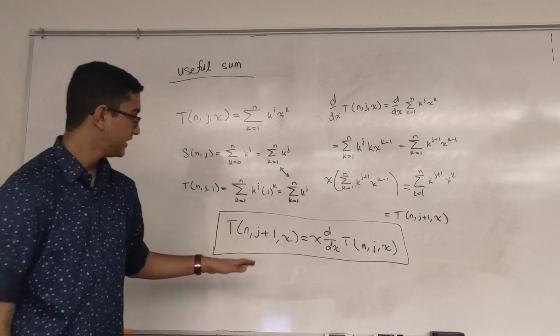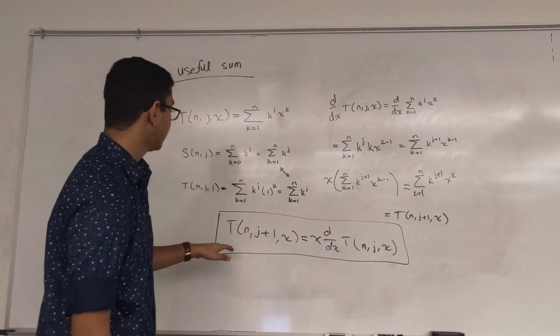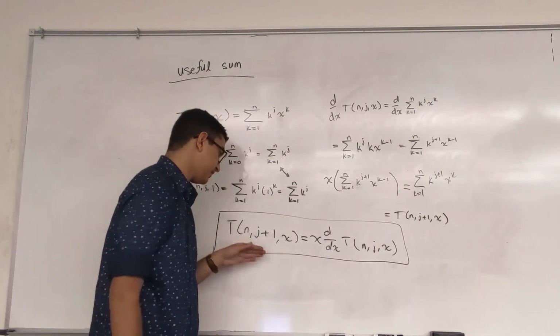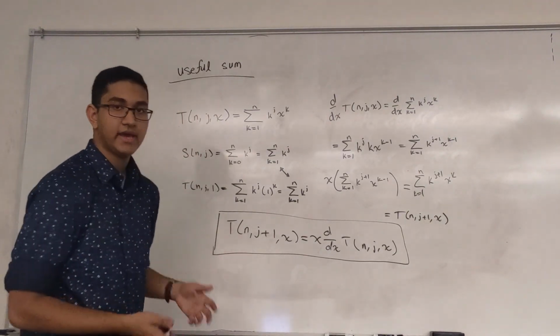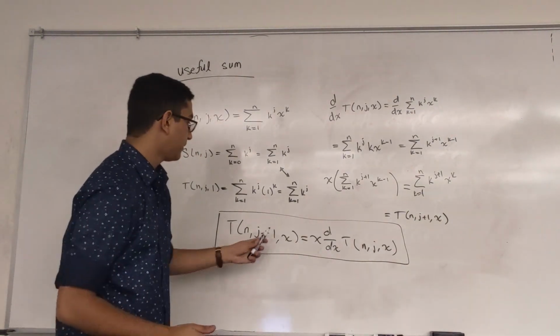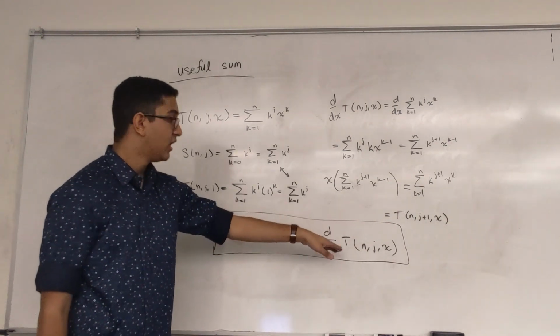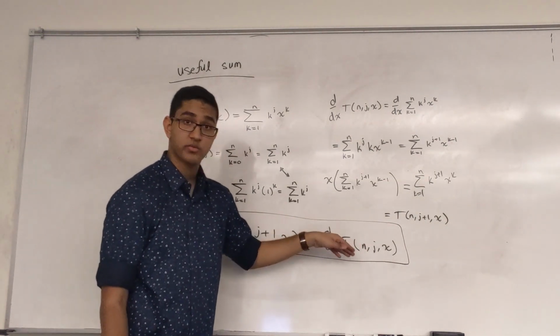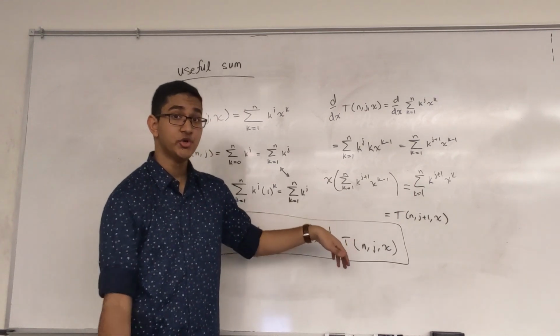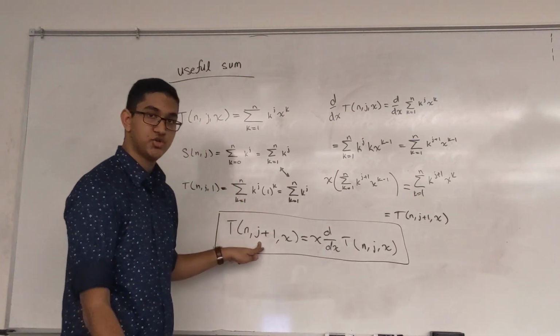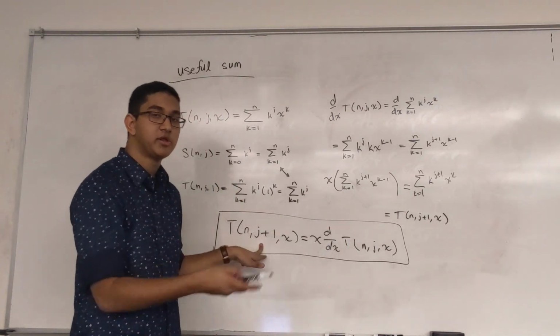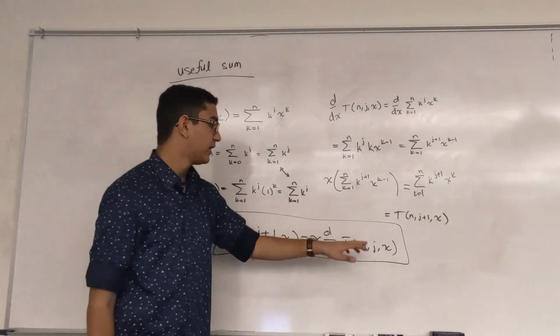What this says is that if you want to calculate for any value j, let's say t of n, 3, x, you simply take x times the derivative of t with parameters n and j being 2, because j plus 1 is 3. But I can write that out real quick.